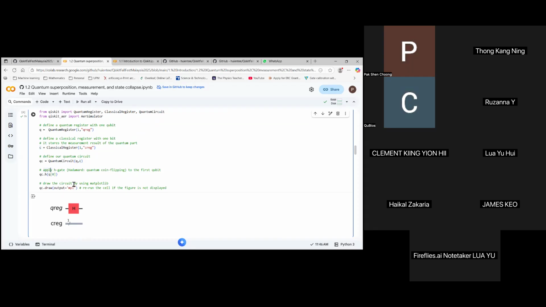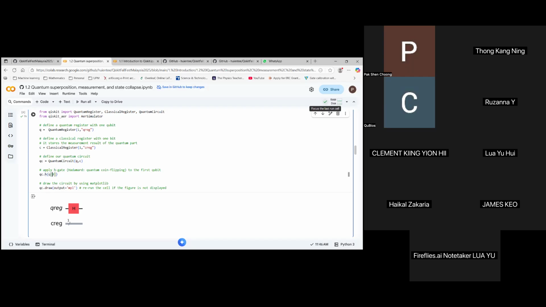Okay, so after registering the qubit and the classical bit, and defining our quantum circuit, now we are ready to design our circuit. So QC, which is the quantum circuit, then dot the Hadamard function. This is the Hadamard gate.